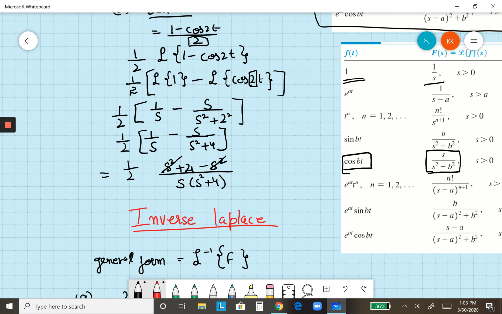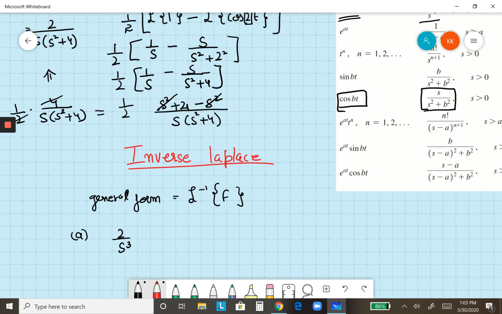So our answer is 1/2 times 4 over s times s squared plus 4, and we're left with our final answer, which is 2 over s bracket s squared plus 4. So this is our final answer of the Laplace transform.